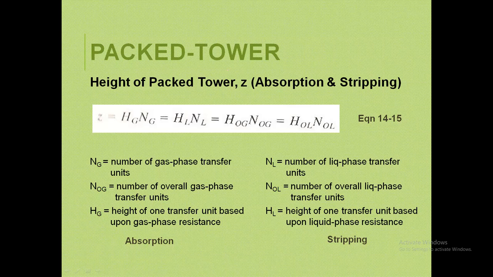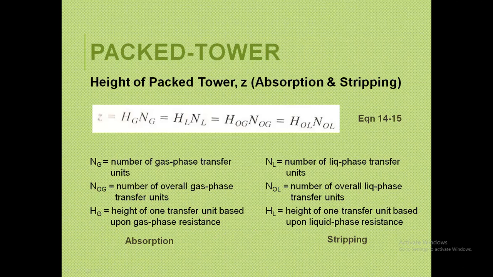For the N, it's referring to the number of transfer units depending on the specified subscript. If it's G, it's referring to the gas phase. If it's L, the liquid phase. For HG, it's the height of one transfer unit based upon the gas phase resistance. H sub OG, as I mentioned a while ago, is the height of one transfer unit based on the overall gas phase resistance.